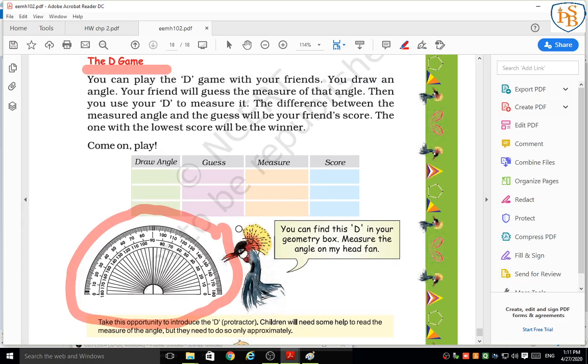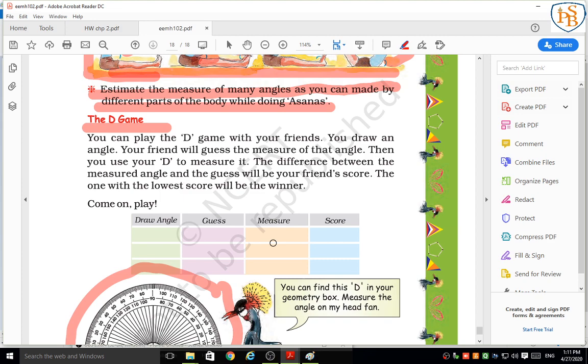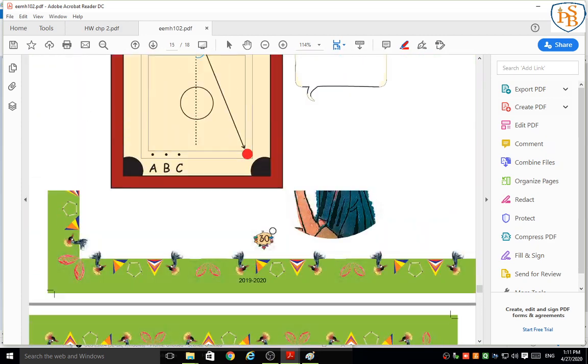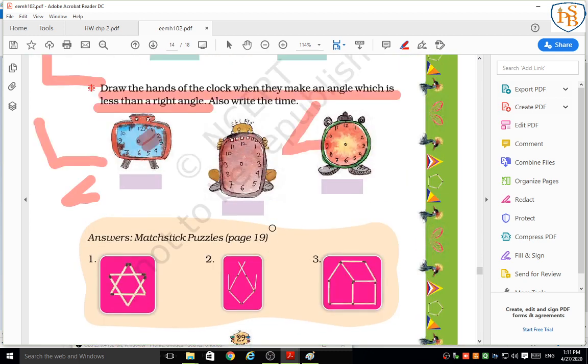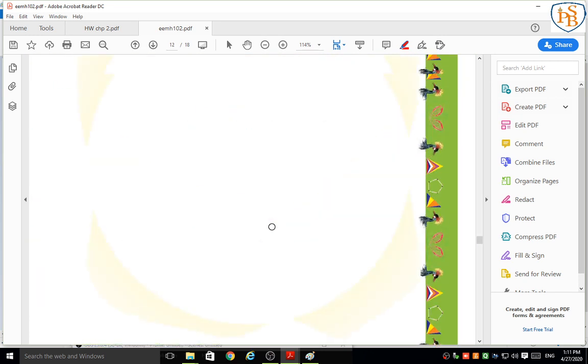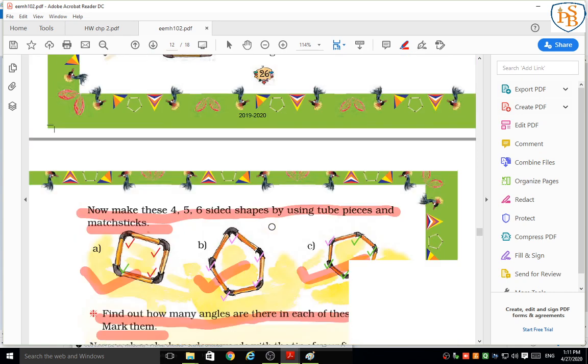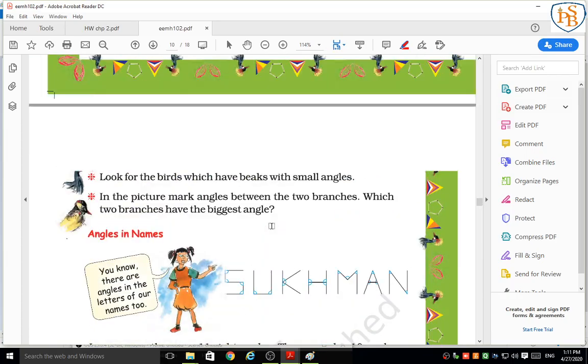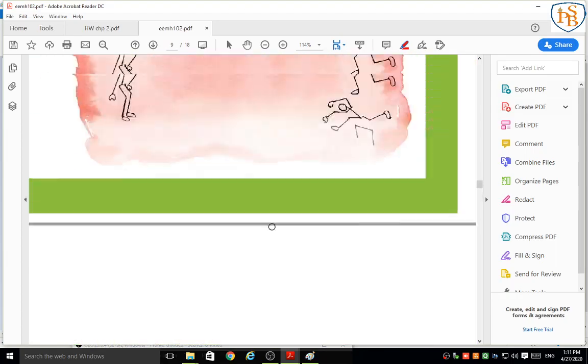Okay, so in this chapter we learned two new geometrical instruments. The first one was what? That you made already by using paper. I show you one picture also. In the book also we have one image. What was that? Remember? Yes, very good. We use the angle tester.